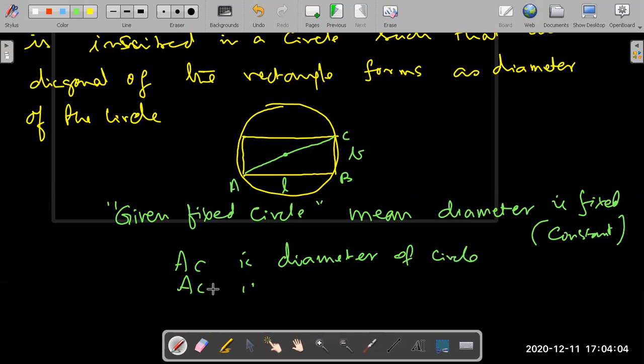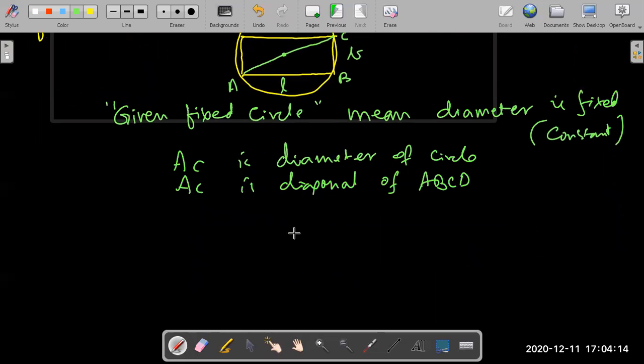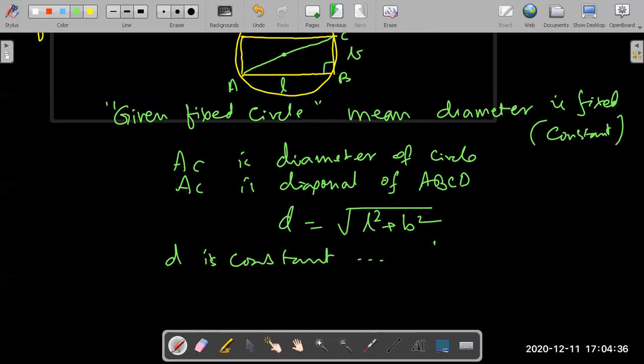The AC is the diagonal of rectangle ABCD. Because it's a diagonal of ABCD, by Pythagoras, because this is 90 degrees, the diagonal, which is the diameter also, therefore D is equal to square root of L square plus B square. So D is constant. Why? Because you said it's a given fixed circle.